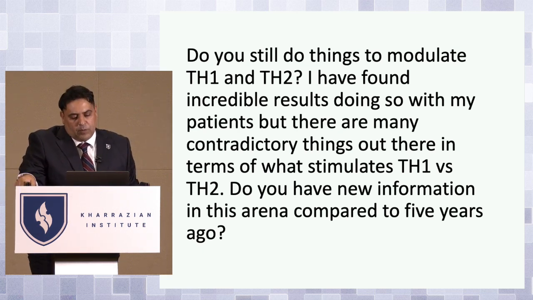We used to be able to do a test called a cytokine stimulated test where they take T cells in a dish and expose them to an antigen like pokeweed mitogen, and then you can see which cytokines get released, and which side of the T cell response autoimmune disease patients were primed towards, either Th1 or Th2. Then what we also found was that different botanicals have more of an impact on the Th1 or Th2 side.